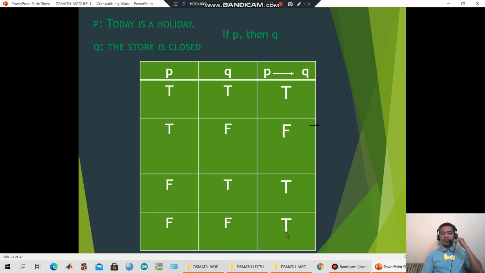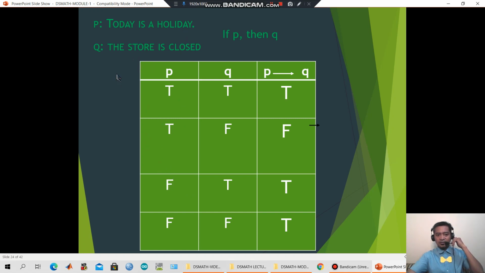Okay, next combination ng last possible combinations, kasi we have only 4 combinations for the 2 input variables of statements. For example, okay, let's convert this. Today is a holiday because this is F, so we are now looking on the third line. Today is not holiday, F. Okay, false.